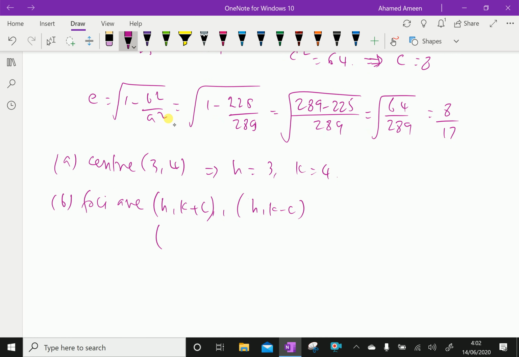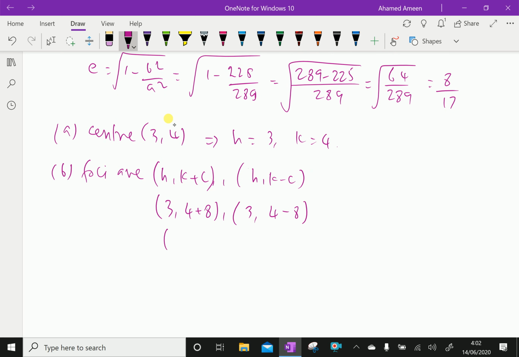That is, foci are, h is 3 and k is 4 plus 8, c is 8, and h is 3, then 4 minus 8. So therefore the foci are (3, 12) and (3, minus 4).